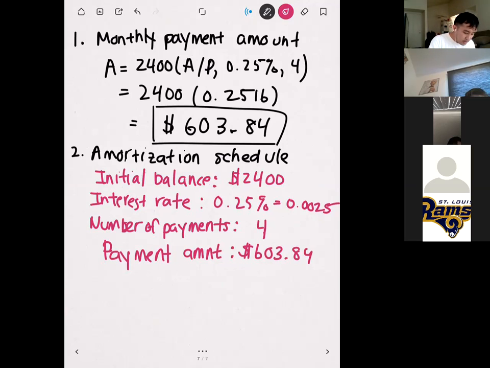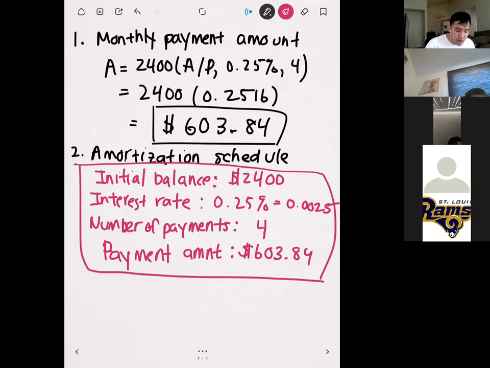All right, so this is just the header portion. This is to help us keep track of the statistics of the loan. And then from here, we're going to start filling out the table. Any questions on this so far?